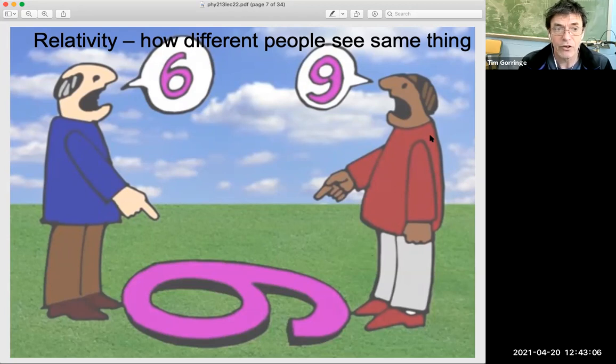They have different beliefs, opinions of what that number is. But an example of something that would be agreed on by them is that 6 plus 9 is 15. They would both agree that 6 plus 9 is 15. So in that example of everyday life, you can see how some things are relative to us and some things are absolute to us.